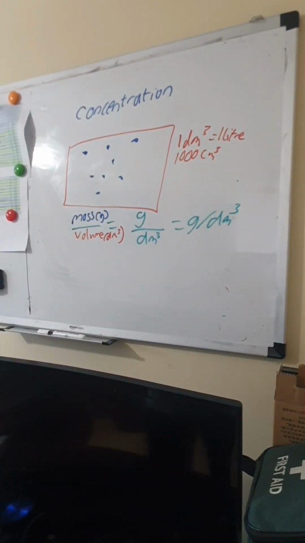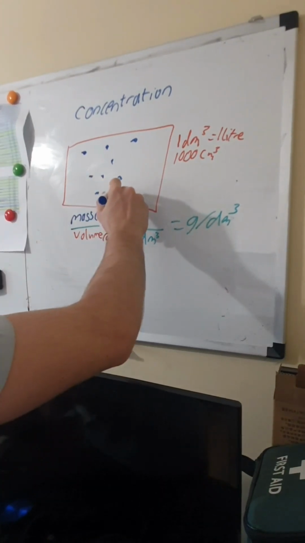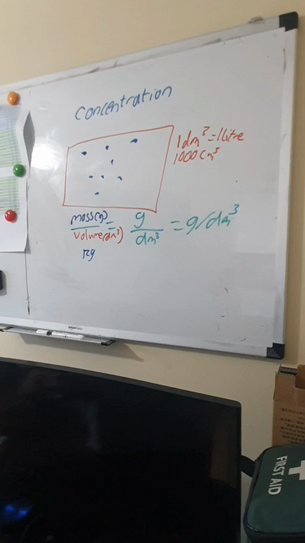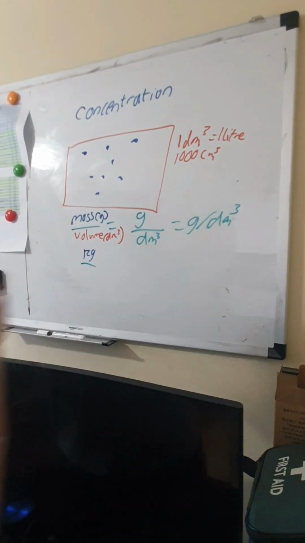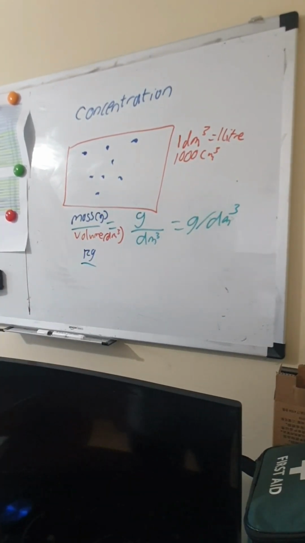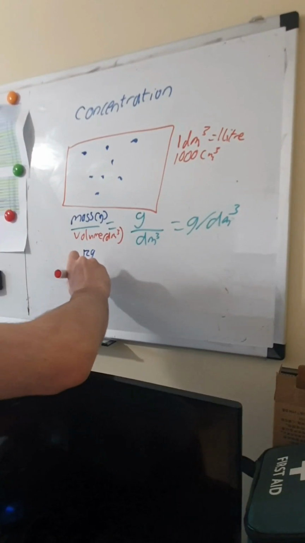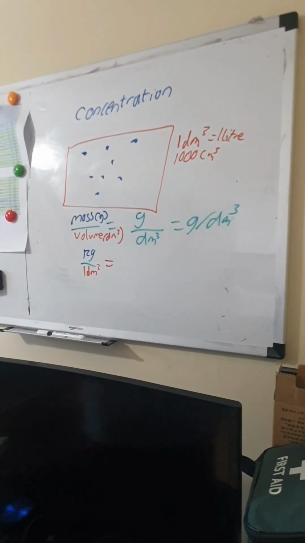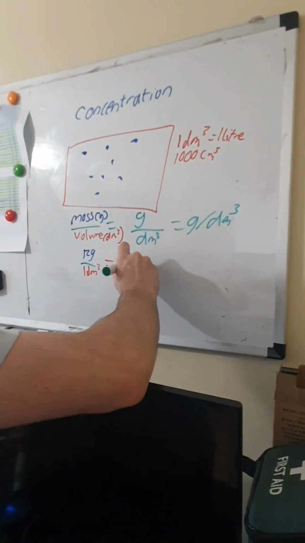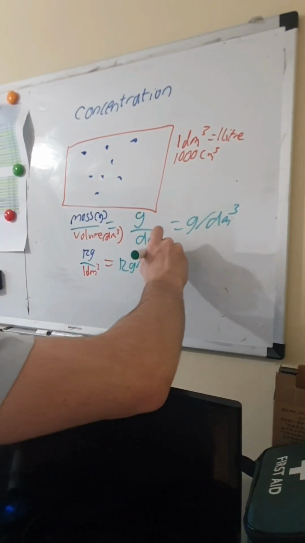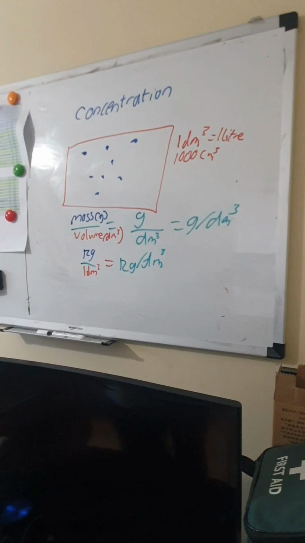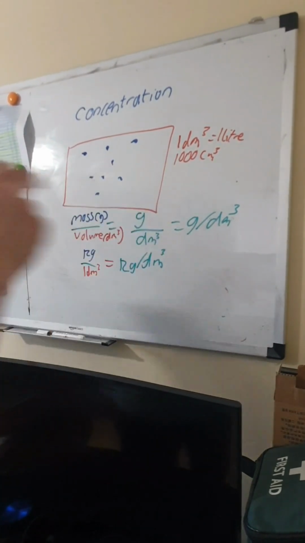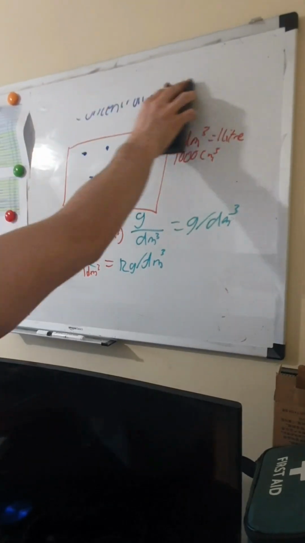So, say we have 12 grams of sodium chloride, and we divide that by our 1 decimeter cubed. We get out 12 grams per decimeter cubed. And that's one way of working this out. It's how much mass do we have in a given space, and that's concentration.